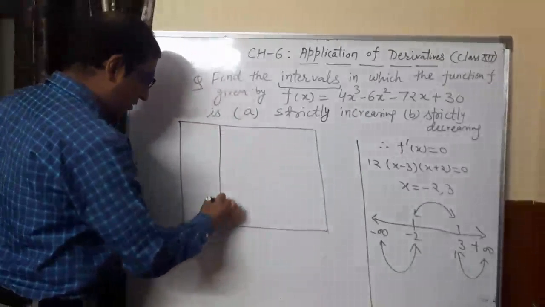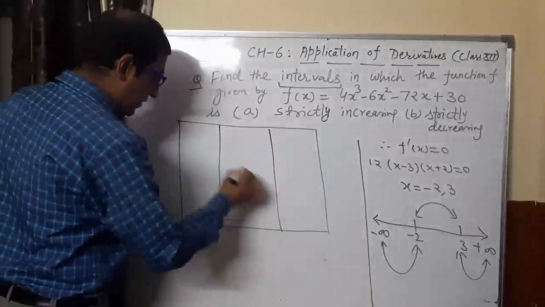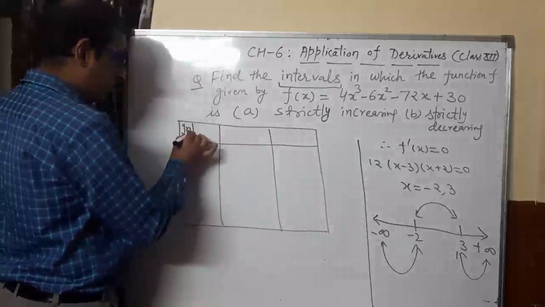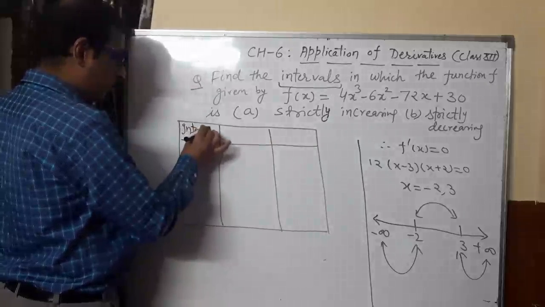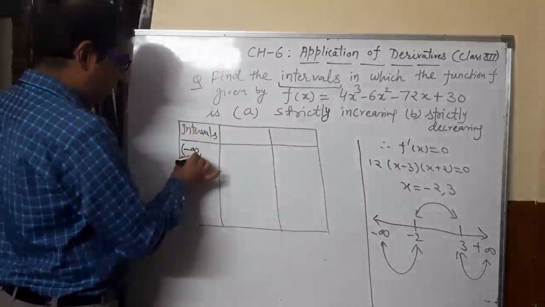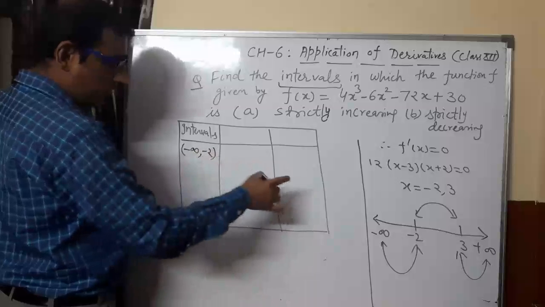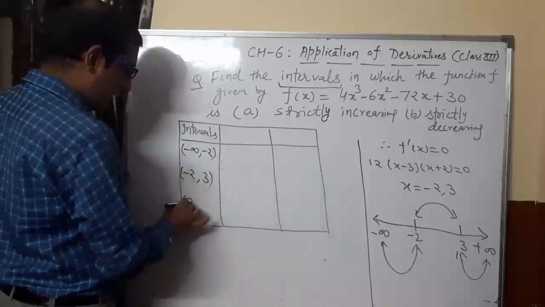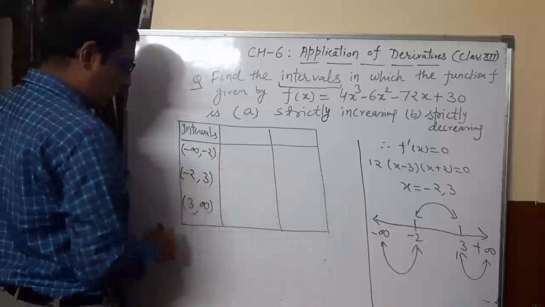Then we will make the column, and here we will write intervals. So the intervals are minus infinity to minus 2, minus 2 to 3, and 3 to infinity.